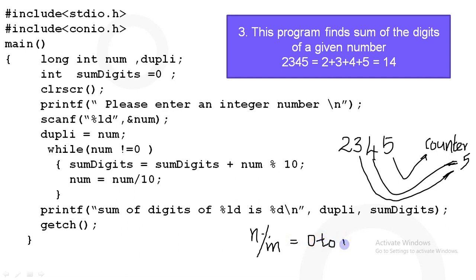If n is 10 and m is 20, or n is 20 and m is 10, then this mod operation will generate 0 to 9 cyclically, whatever the numerator may be.